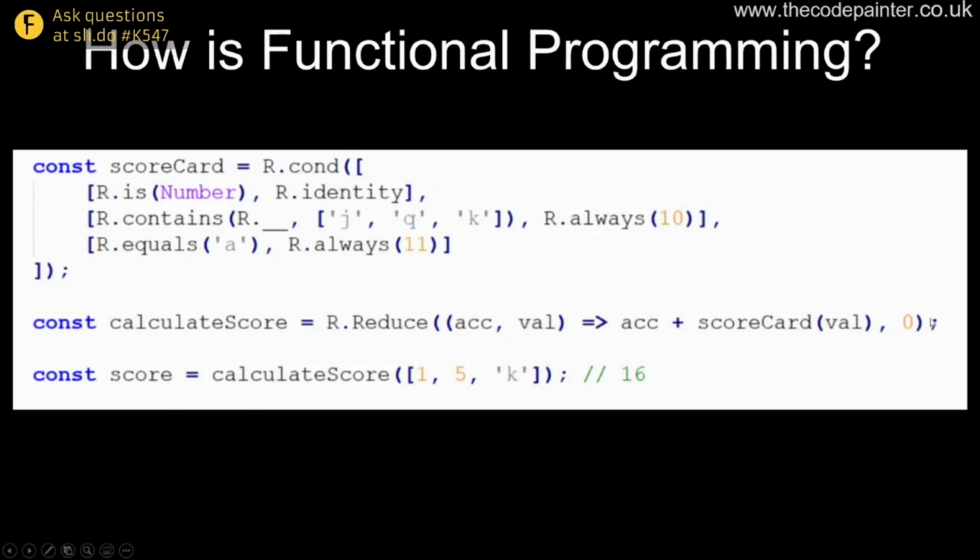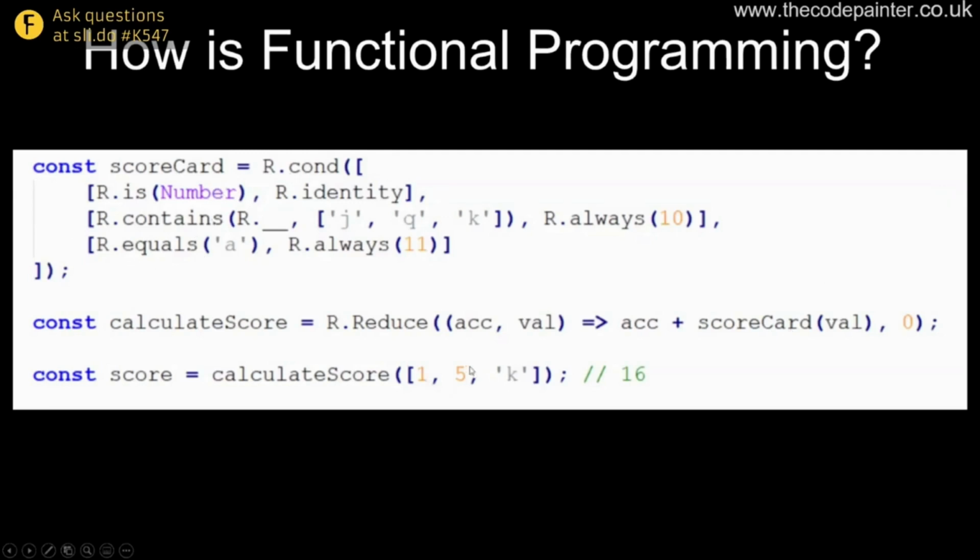So when we run this the first time, the accumulator will be 0 because that's here. The value will be the first item out of our array, which is a 1. And so we're saying that the new running total is the accumulator, that is the old running total, plus the score of the card, which is over here. That's this function that we created, this pattern recognition structure.